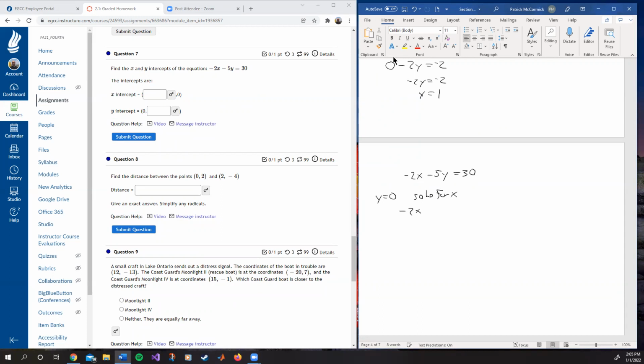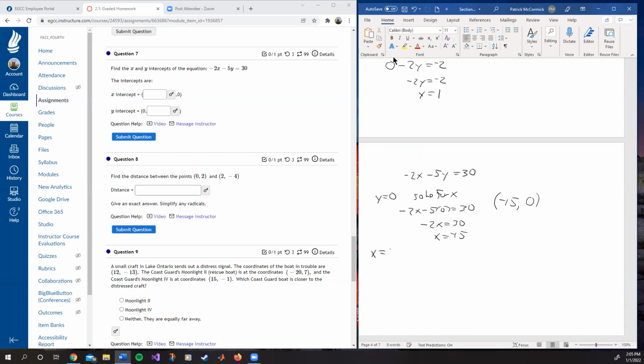So -2x minus 5 times 0 equals 30. 5 times 0 is 0, so -2x is equal to 30. Divide by -2. x equals negative 15. So I get my x-intercept, negative 15, comma 0.